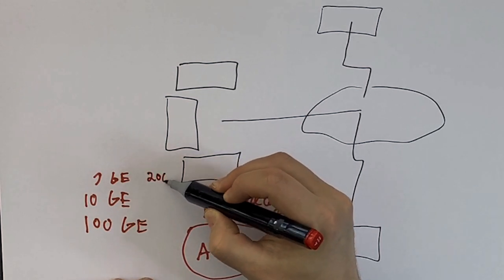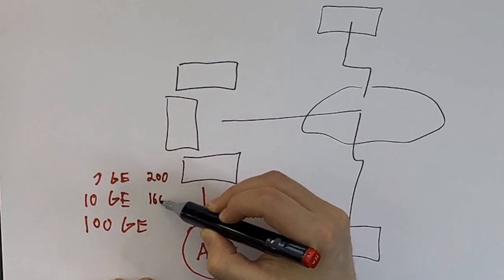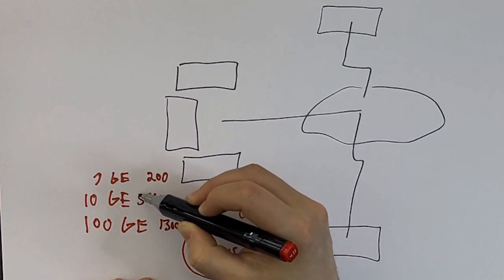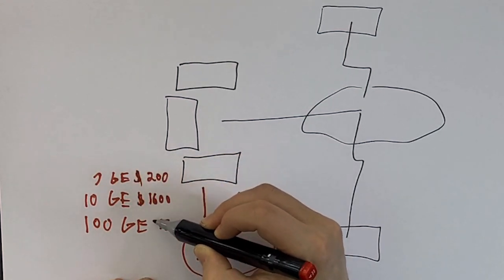This is roughly $200, this is roughly $1,600, and this is roughly $13,000. So a huge price difference between the 3 options.